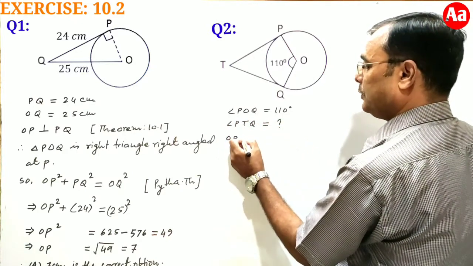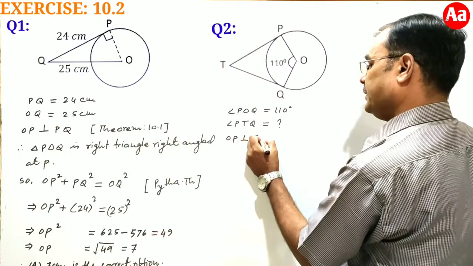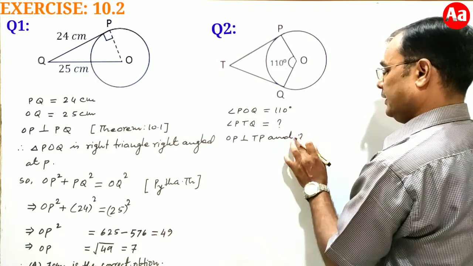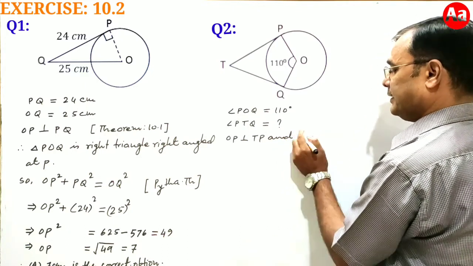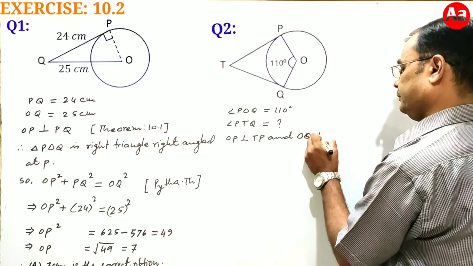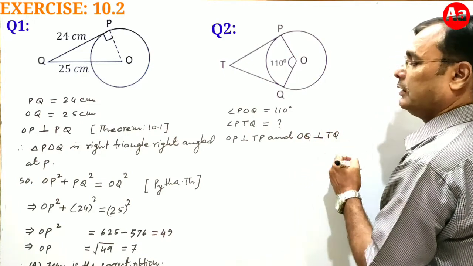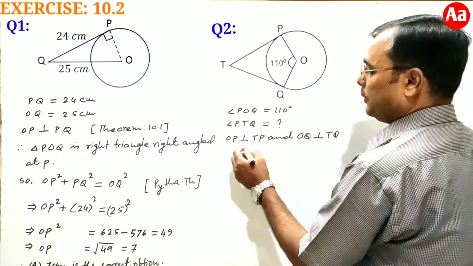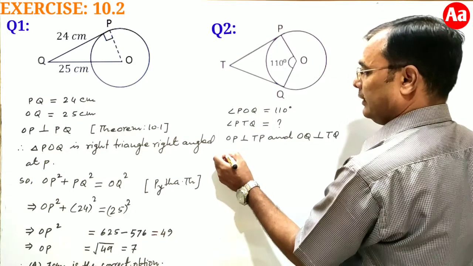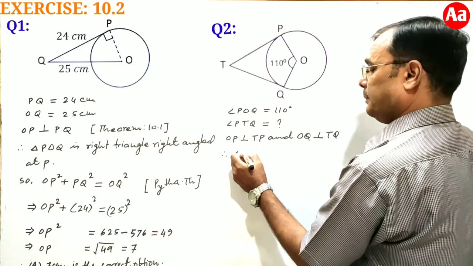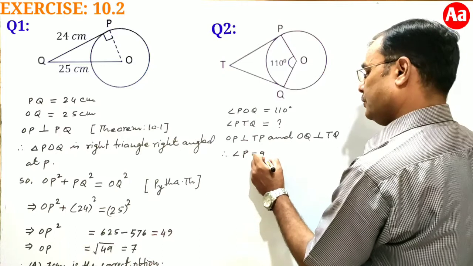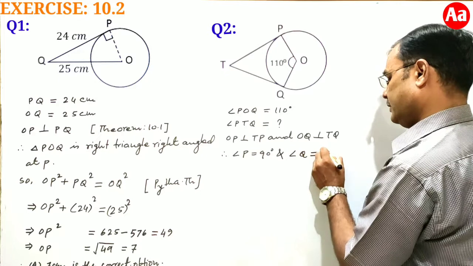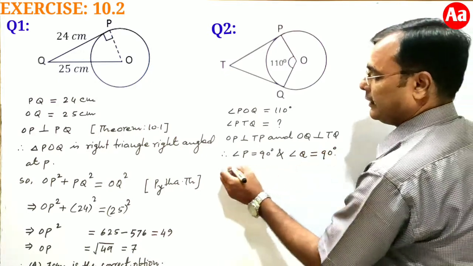OP is perpendicular to TP and OQ is perpendicular to tangent TQ, because tangent is perpendicular to the radius through the point of contact. Therefore, angle P is equal to 90 degrees and angle Q is also equal to 90 degrees.